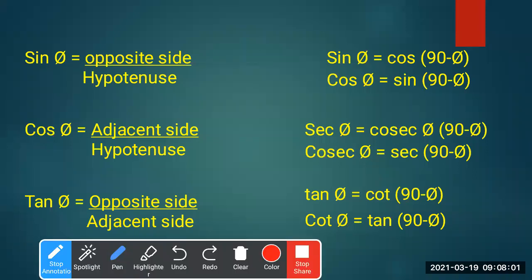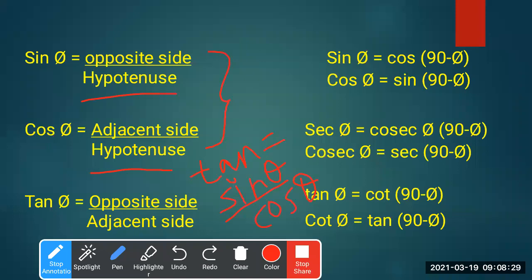Now students, this particular tan theta can also be written as tan theta equals sin theta upon cos theta. This can also be the definition, because as you can see, in both definitions the hypotenuse is common.